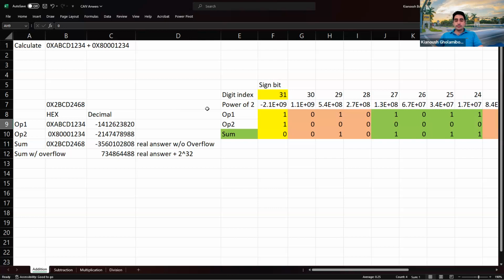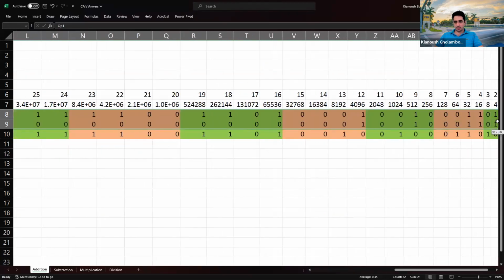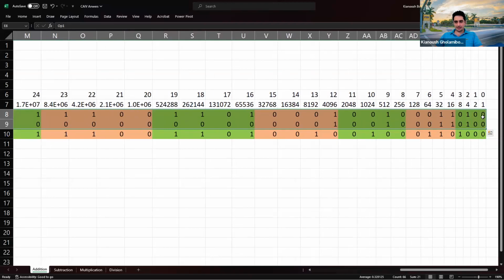The next thing is how to add two numbers in binary. So let's say these two numbers are written back to back, and the question is, how do we add them?